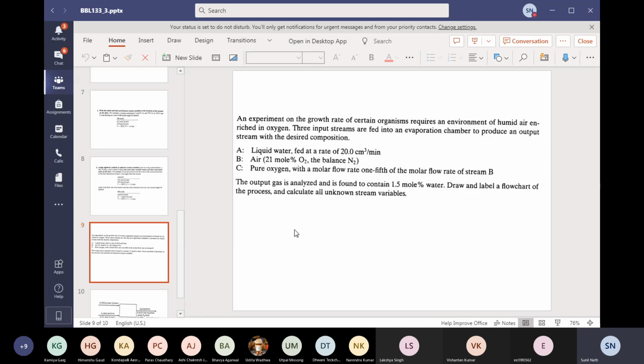Now he's asking us, what are the variables that are unknown and how we will label them, how we will then calculate them. So first is to draw the diagram, identify the known streams, identify the unknown variables, then put all that information in the diagram on the streams, and then we can see what overall balance and component balances will give us the unknowns.